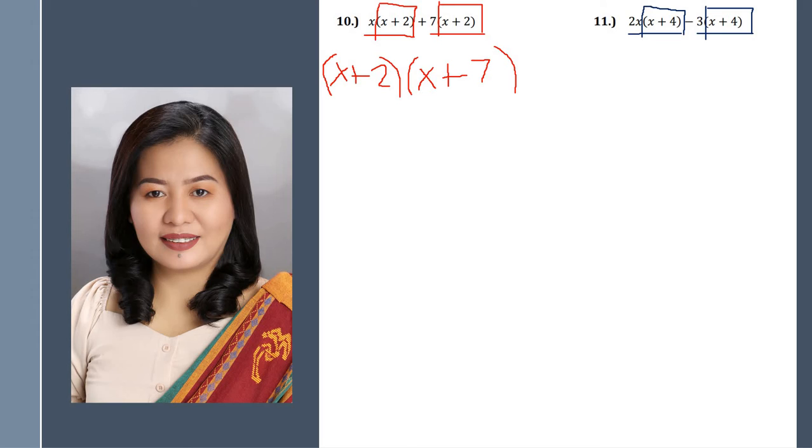We write it once, x plus 4, and we multiply it with the remaining factors of each term. So we copy 2x minus 3. The minus there will be the operation before 3, so we copy it. So the factors of 2x times (x plus 4) minus 3 times (x plus 4) are (x plus 4) times (2x minus 3).